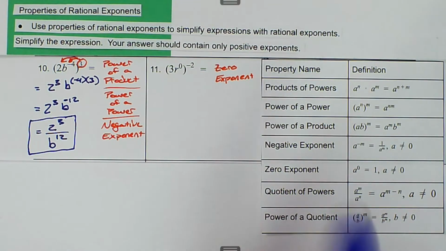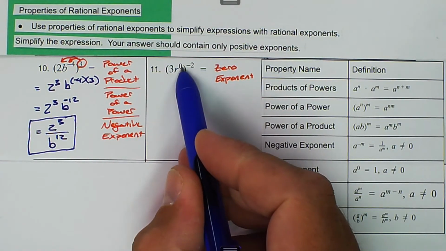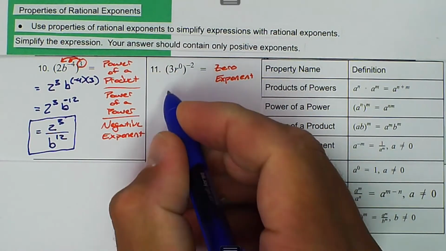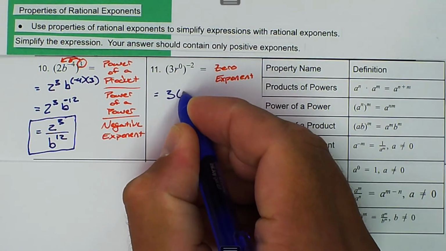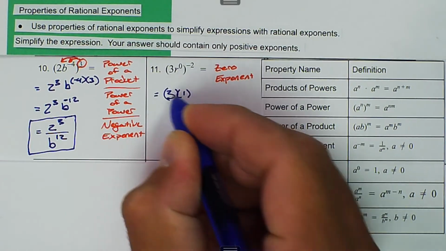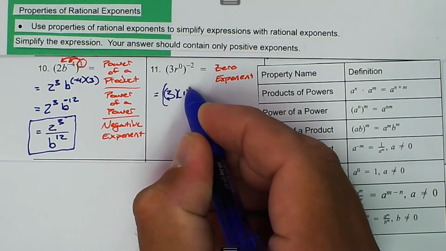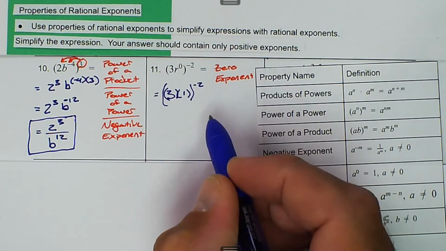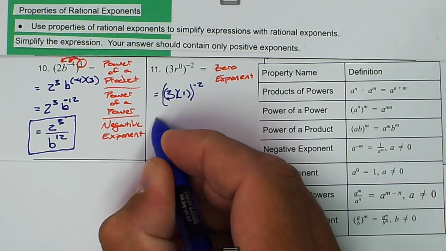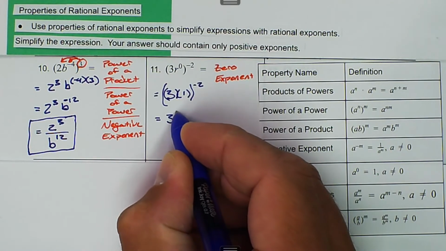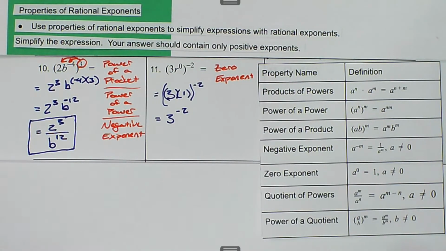So the 0 exponent says that anything to the 0 power is just 1. So this is going to be equal to 3 times 1, and then that whole thing is still raised to the negative 2 power. 3 times 1 is just 3. So this is equal to 3 to the negative 2 power.